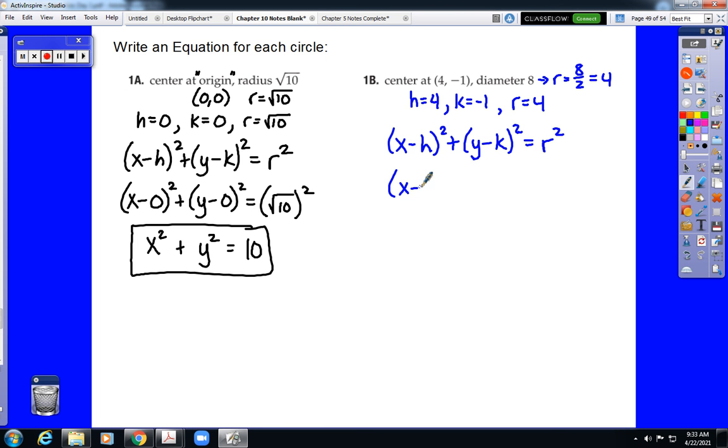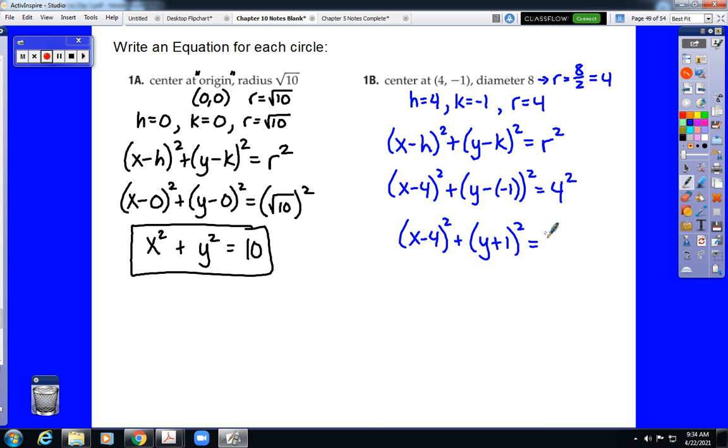So, (x minus 4) quantity squared, plus (y minus negative 1) quantity squared, equals 4 squared. You should have gotten quantity (x minus 4) squared plus quantity (y plus 1) squared equals 16.